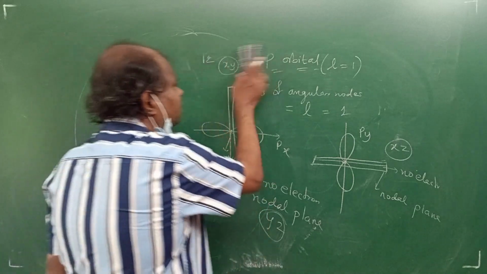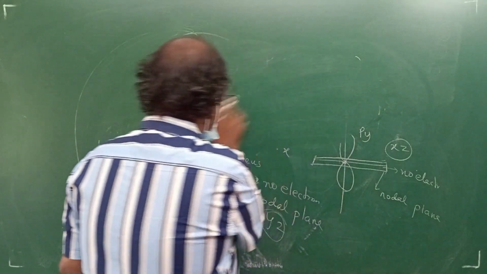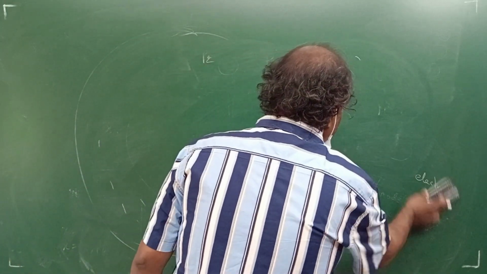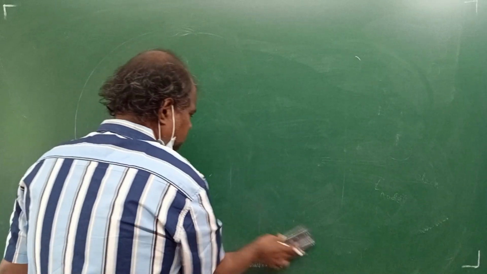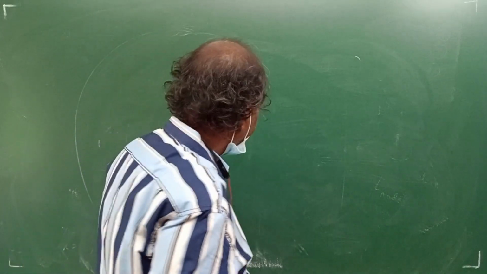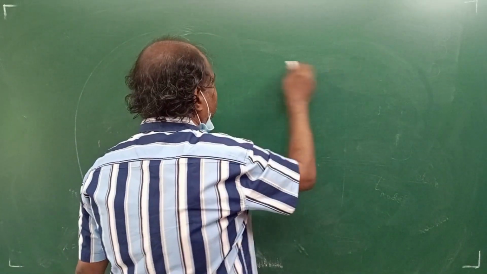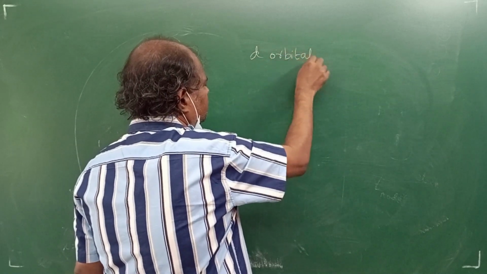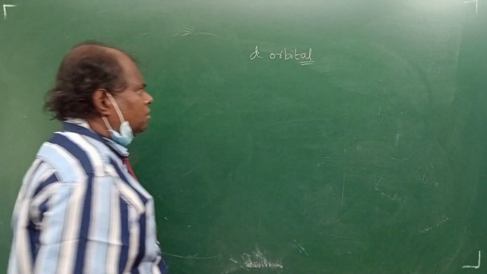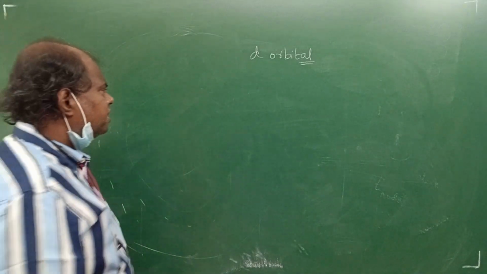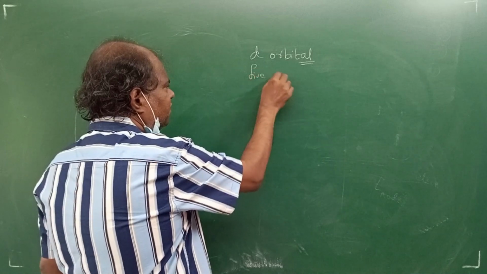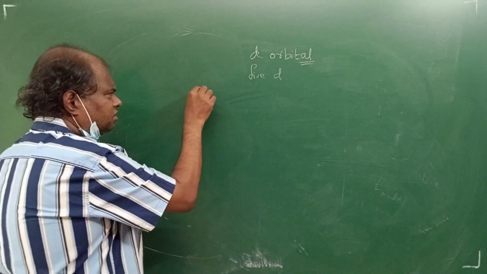Fine. Now let us come to d orbital. See very carefully now. There are 5 d orbitals. Let me draw all the 5 now.